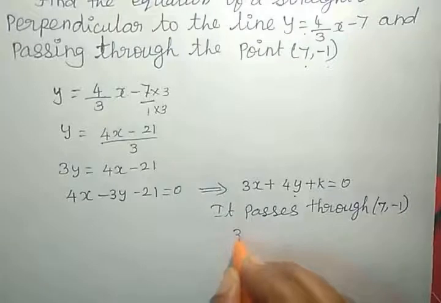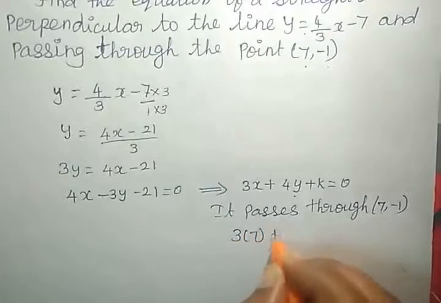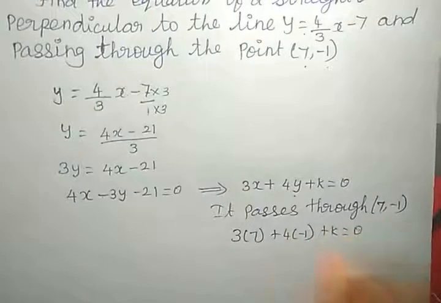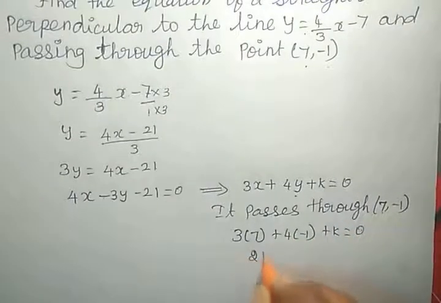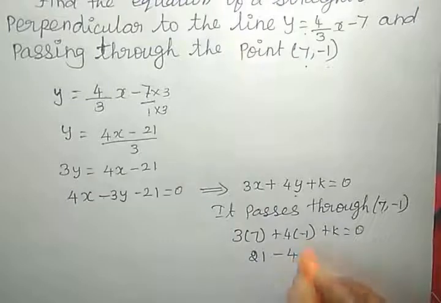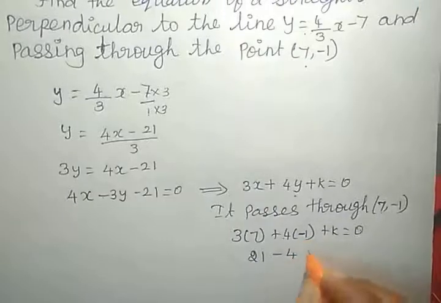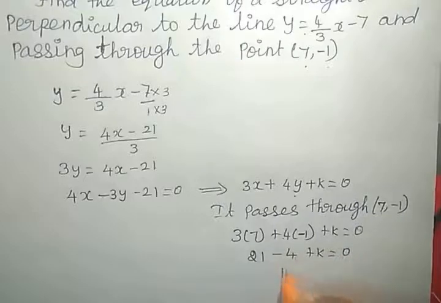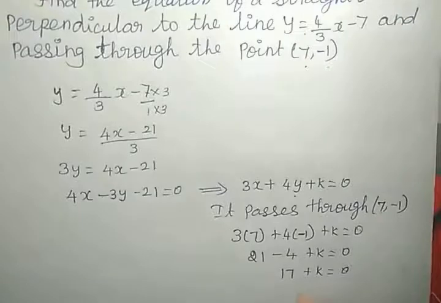So that is 3 into 7 plus 4 into minus 1 plus k is equal to 0. 3 sevens are 21. 4 into 1 is 4, and minus is there. So 21 minus 4 is 17 plus k is equal to 0. So k is equal to minus 17.